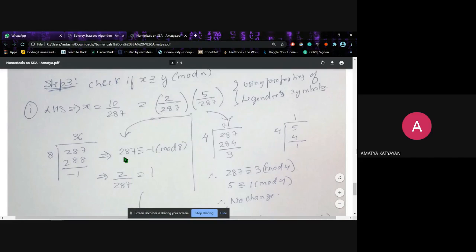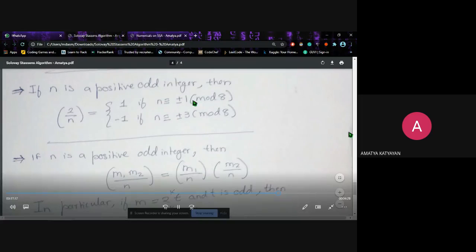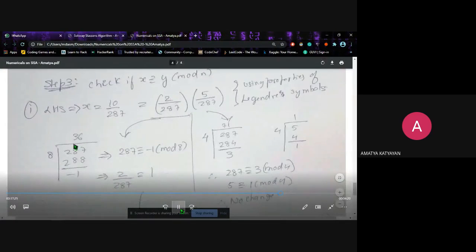So basically, we get 287 is equal to minus 1 mod 8. So 2 upon 287 would be equal to 1. Since we have obtained this expression, n is congruent to minus 1 mod 8, we get the value of the fraction as 1. Okay. And that's how we solve this part.